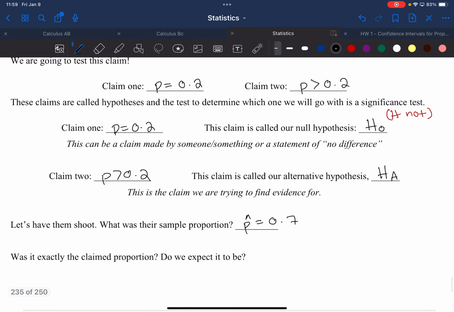So was it exactly the claimed proportion? Yes or no? No. Could it have been the exact claimed proportion? Yes, it's a possibility. So what we're going to write here is that it wasn't equal, because instead of making 2 shots, he made 7 out of 10. So it wasn't equal, which we don't expect it to be.